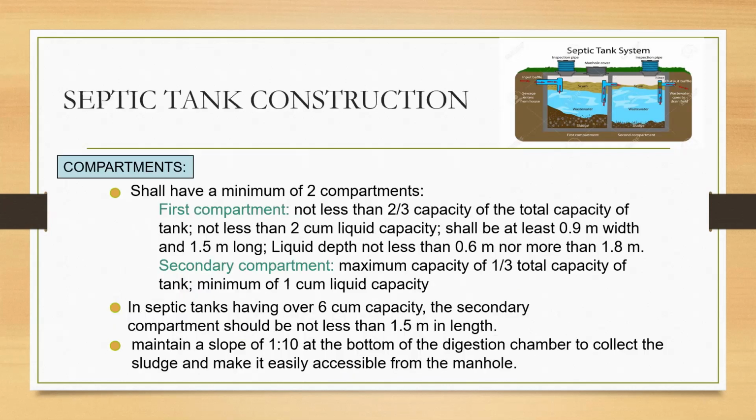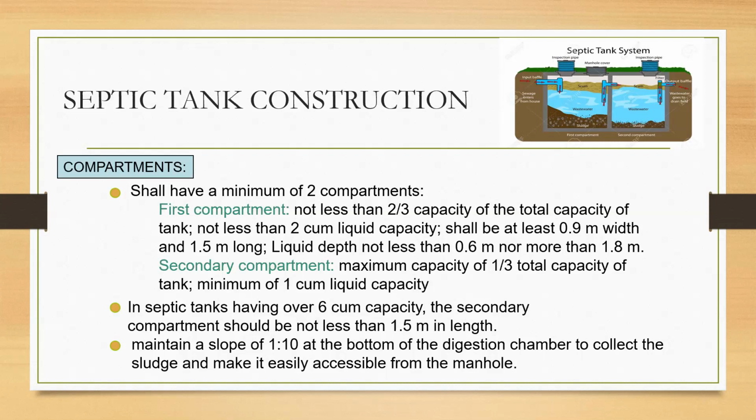Septic tank construction, so we have compartments, two minimum compartments. The first compartment is what we call the digestive chamber. So in terms of the volume, the ratio of the digestive to the total should be not less than 2/3 of the total volume of the tank, while the secondary compartment should not be greater than, hindi naman tataas sa 1/3 yung ratio ng volume ng leaching doon sa total volume.